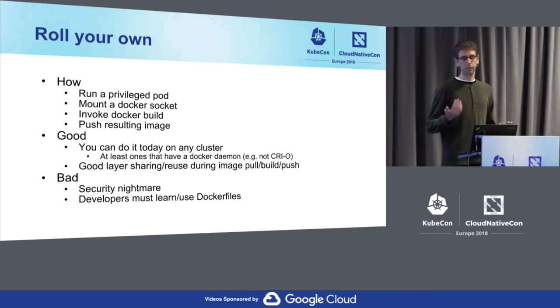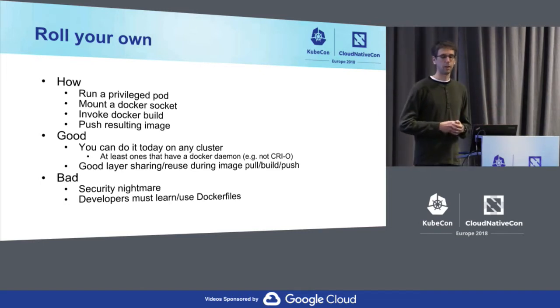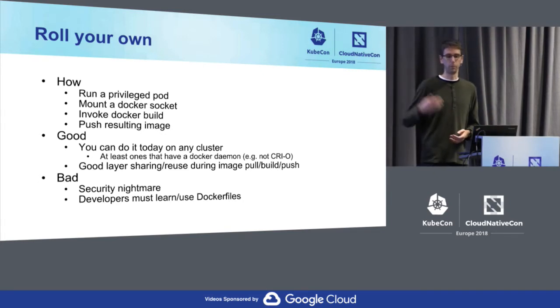And you get really great layer sharing and reuse. Again, we talked some about this yesterday, but because you're building effectively on the host machine, all the layers that you built during that Docker build process are going to be in that local storage. And so if you come back later and do another build on that machine, all those layers are available in the cache and get reused. So you get good build performance as a result of that.